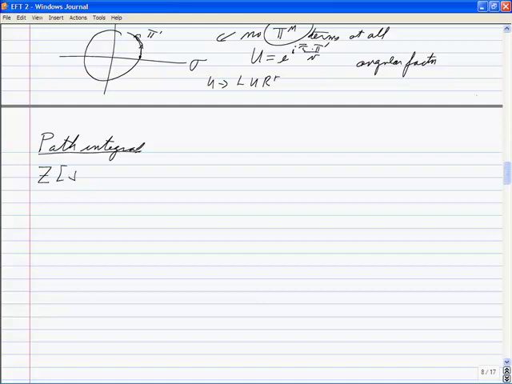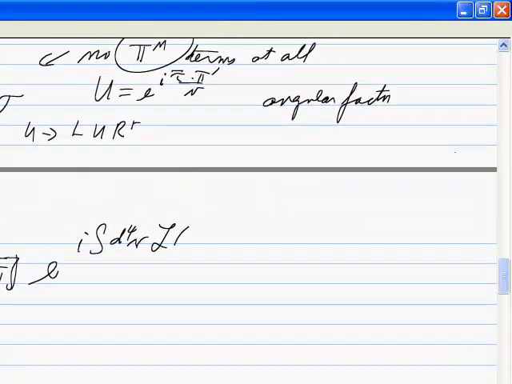The path integral is given in the full theory by the integral ds d pi e to the i action, and we could put a source term here which we couple up to pions.